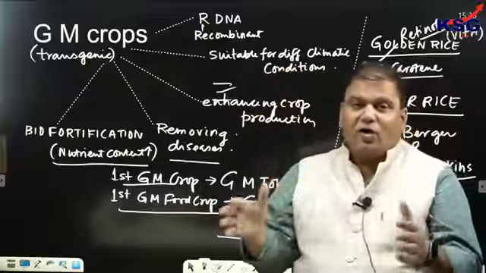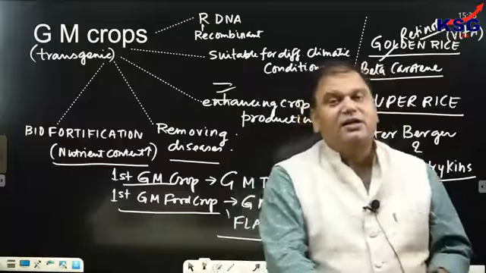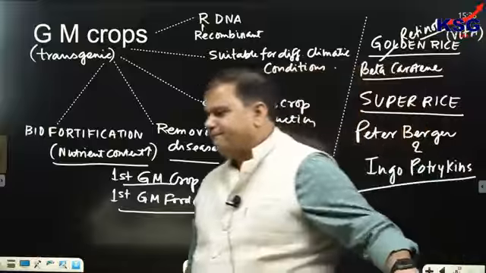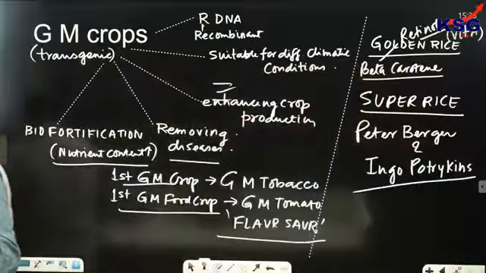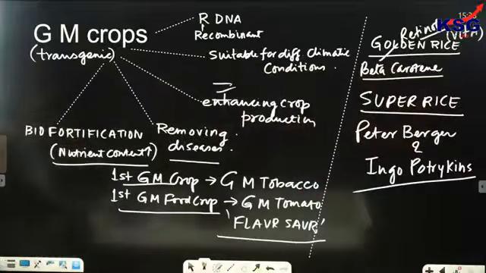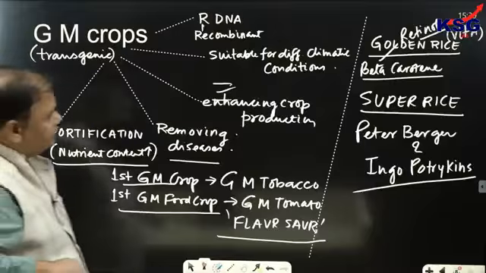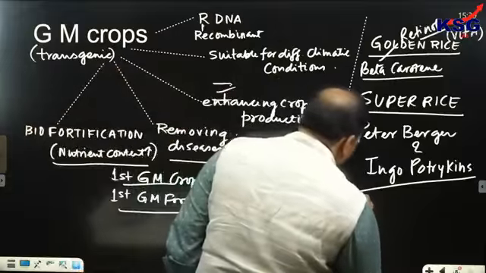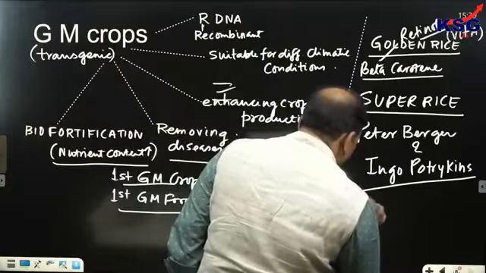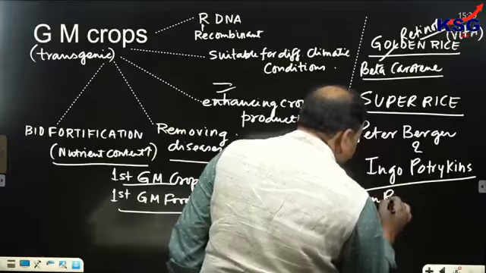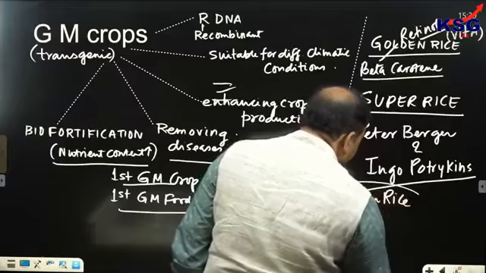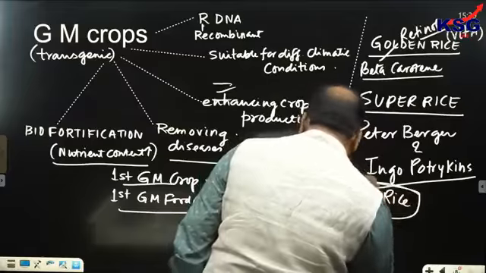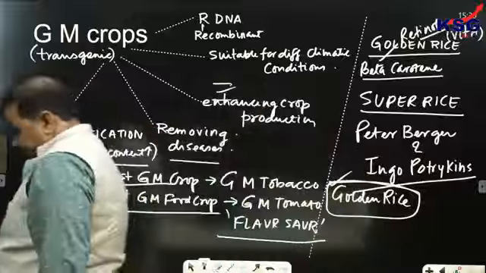Since the color of beta carotene was golden, hence the name golden rice.